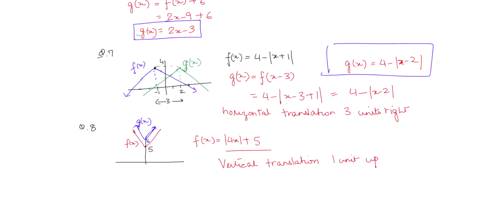So g(x) would be f(x) plus 1. So f(x) plus 1, we'll put it as the absolute value of 4x plus 5 plus 1.